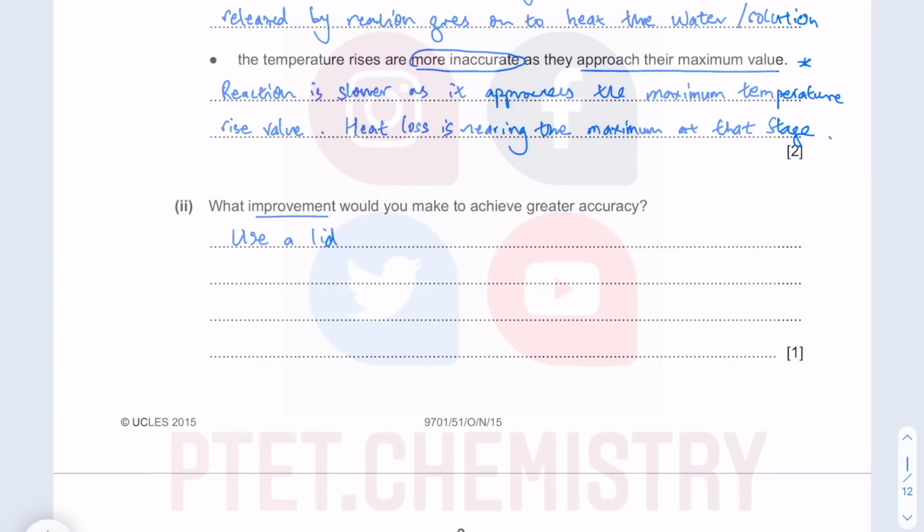You use a lid to cover the polystyrene cup, or what you might have heard of as the styrofoam cup when you did your practical experiments.